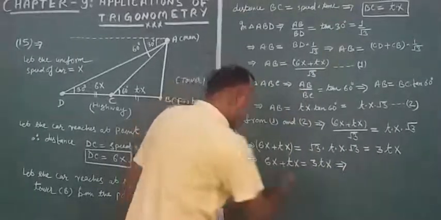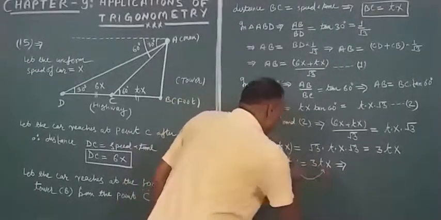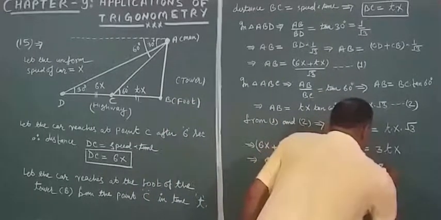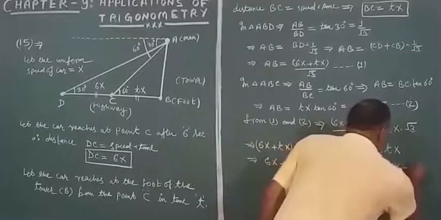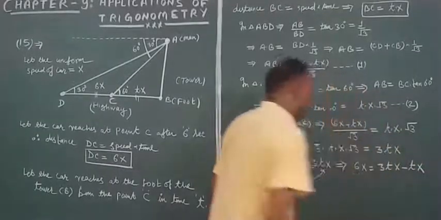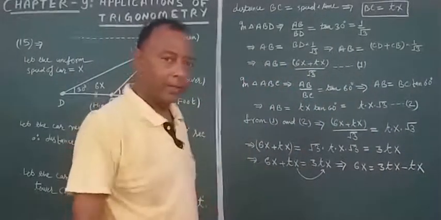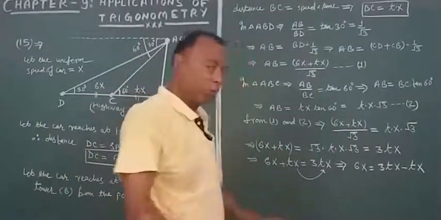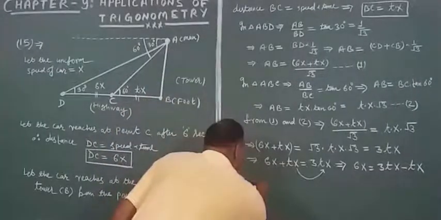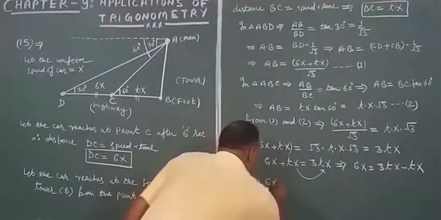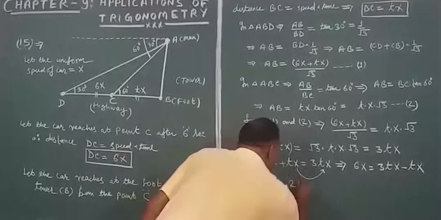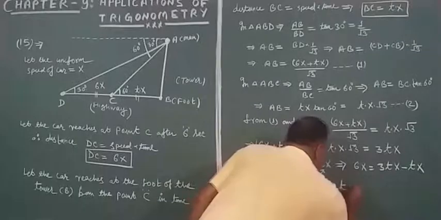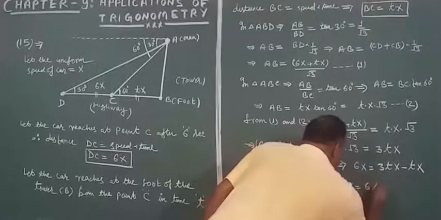Now shift this TX to this side. So what will happen? 6x is equal to 3TX minus TX. TX means 1TX. So 3TX minus TX is 2TX. So therefore 6x will be 2 into TX, or you can say 2TX is equal to 6x.